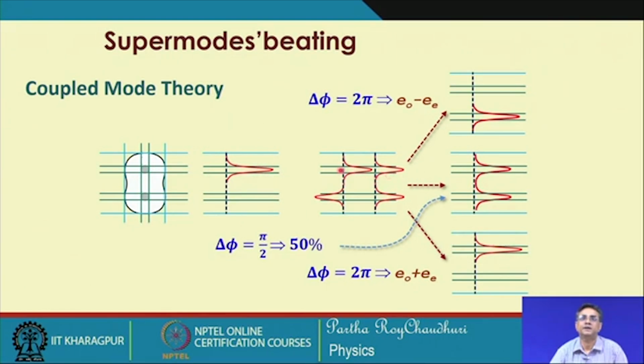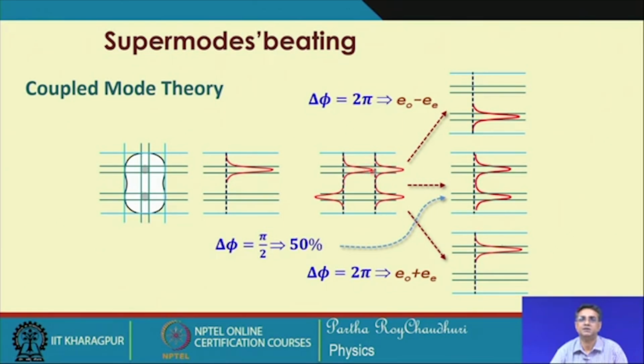At z equal to 0, there is a phase difference between these two modes, because this mode has a slightly lesser propagation constant and this one a slightly more propagation constant. So the velocity of this mode will be more than the velocity of this. But at z equal to 0, at the starting point, the phase difference is 0.